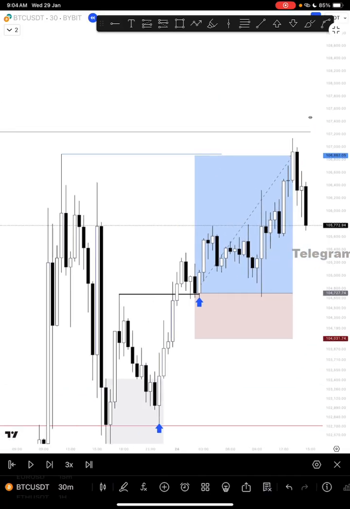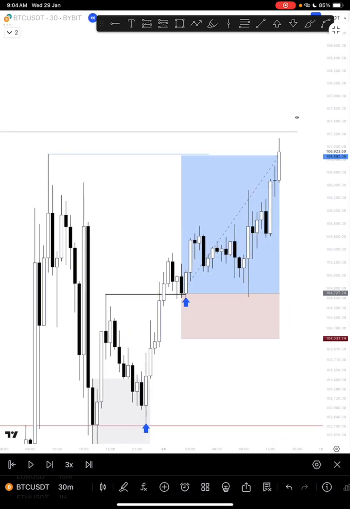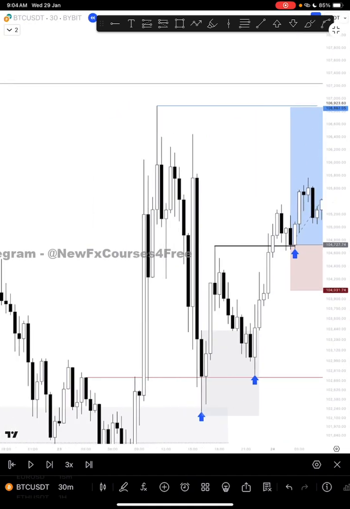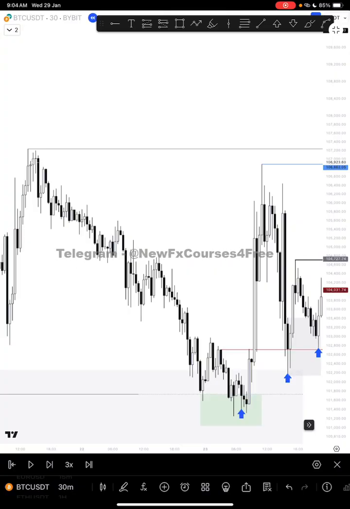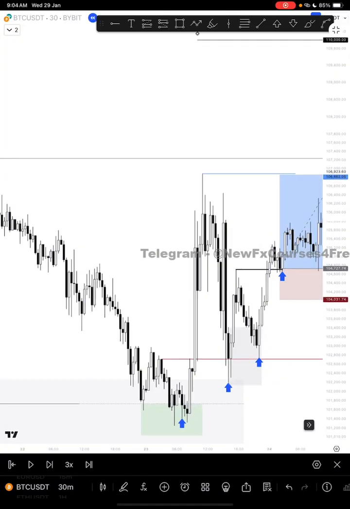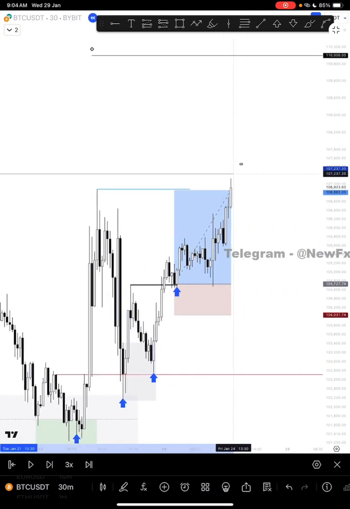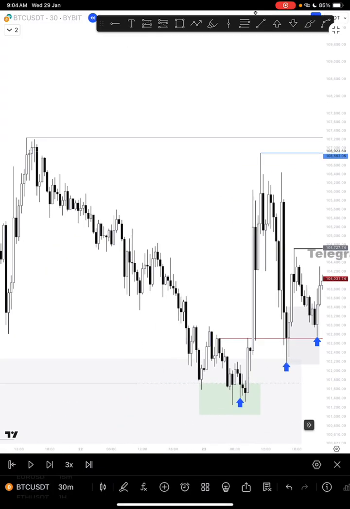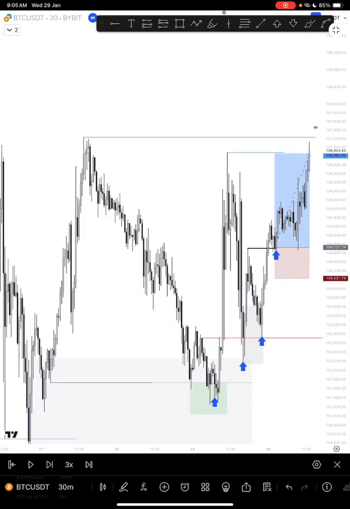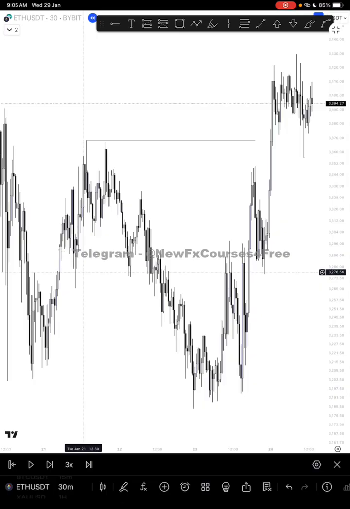Okay, so my main target was actually this high over here with a lot of low resistance liquidity here. This high wasn't actually swept. Why? Because Ethereum actually swept this high already here.